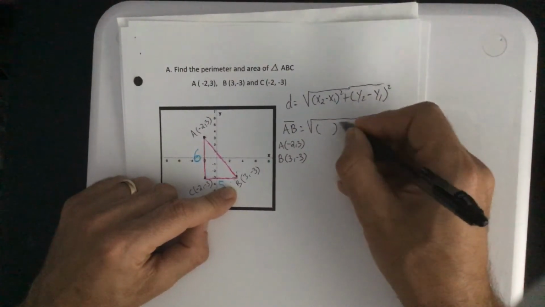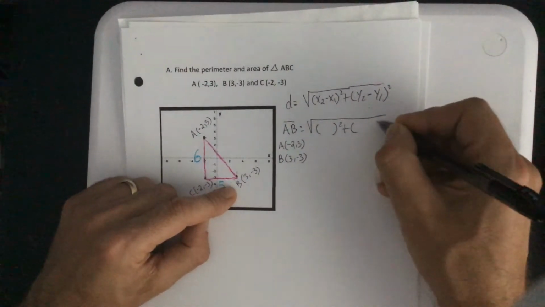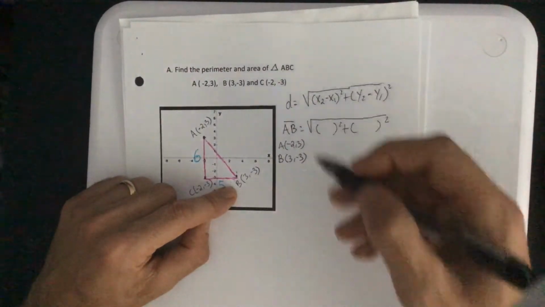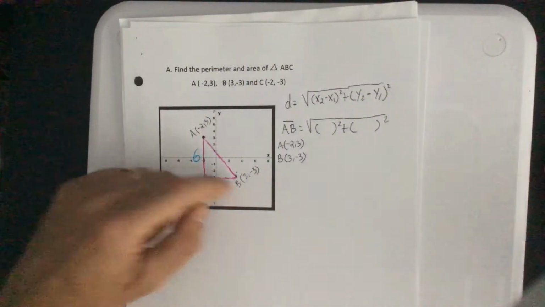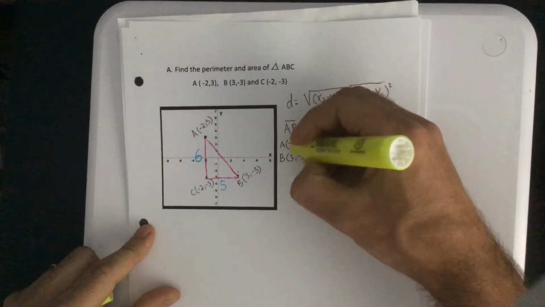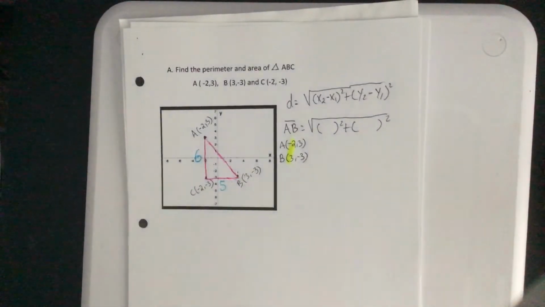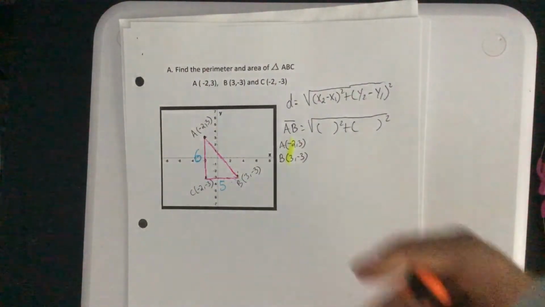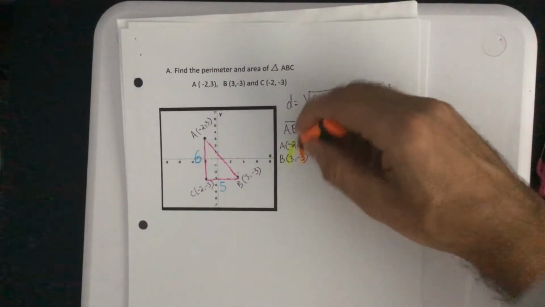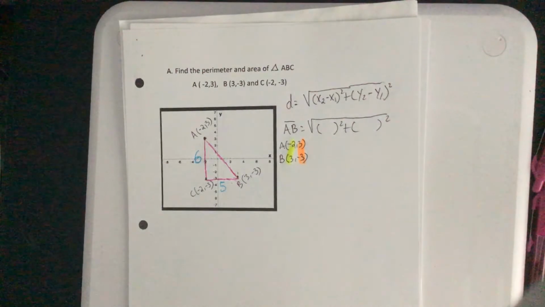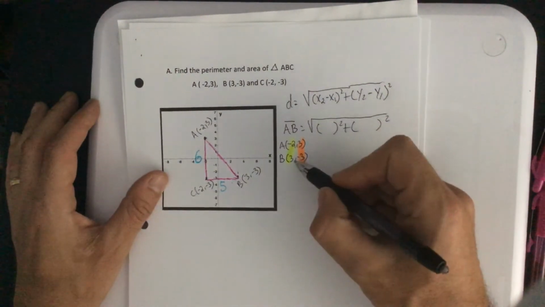I'm gonna set it up. All right, so remember, x's and y's. We got the x's, and we got the y's. So remember, you're gonna keep the same order here.